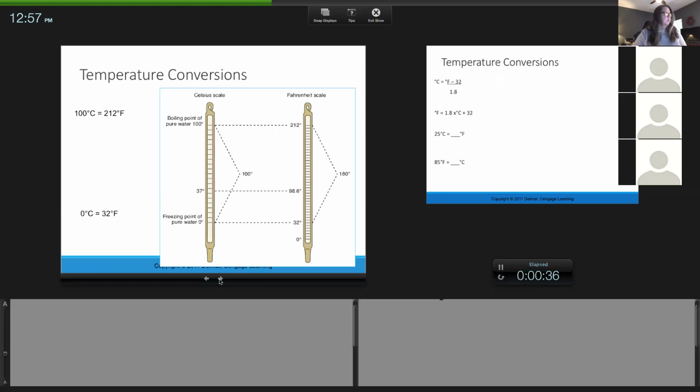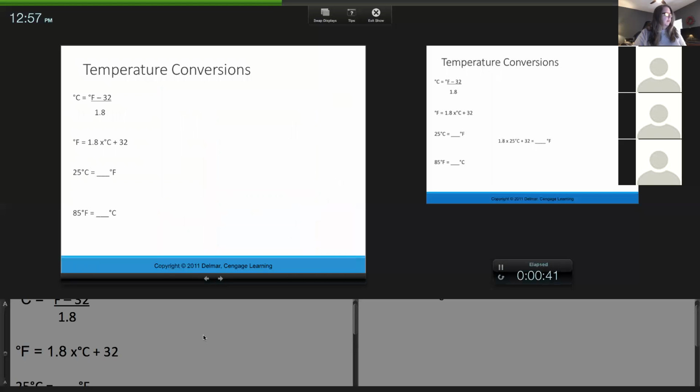If we talk about the conversions, and they're listed here, Celsius is equal to Fahrenheit minus 32, divided by 1.8. If we work through these problems here, 25 degrees Celsius: if we want to go to Fahrenheit, you're going to put 1.8 times whatever you got in Celsius and then add 32.